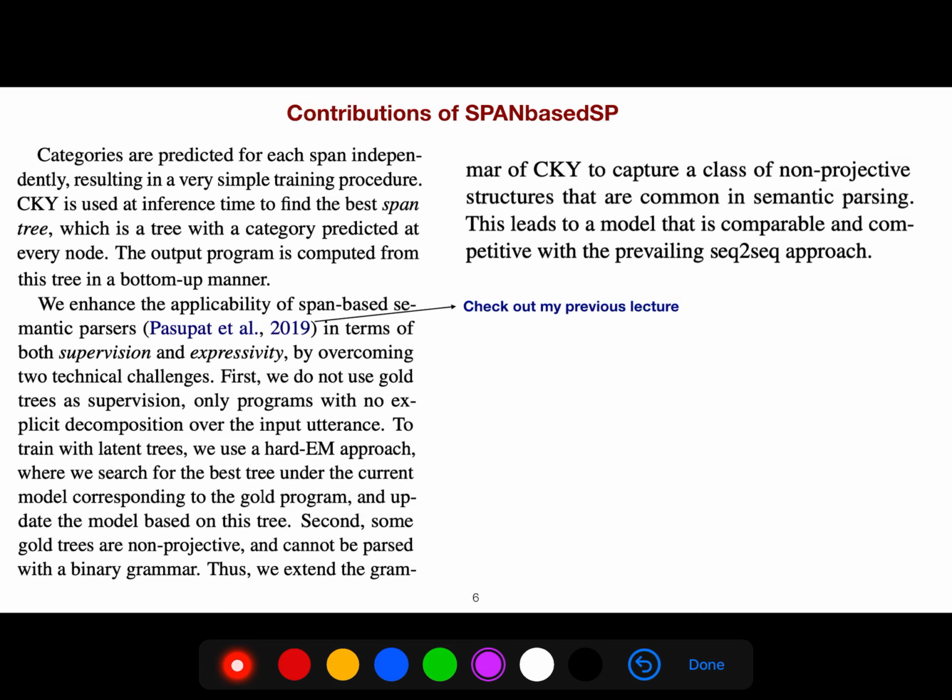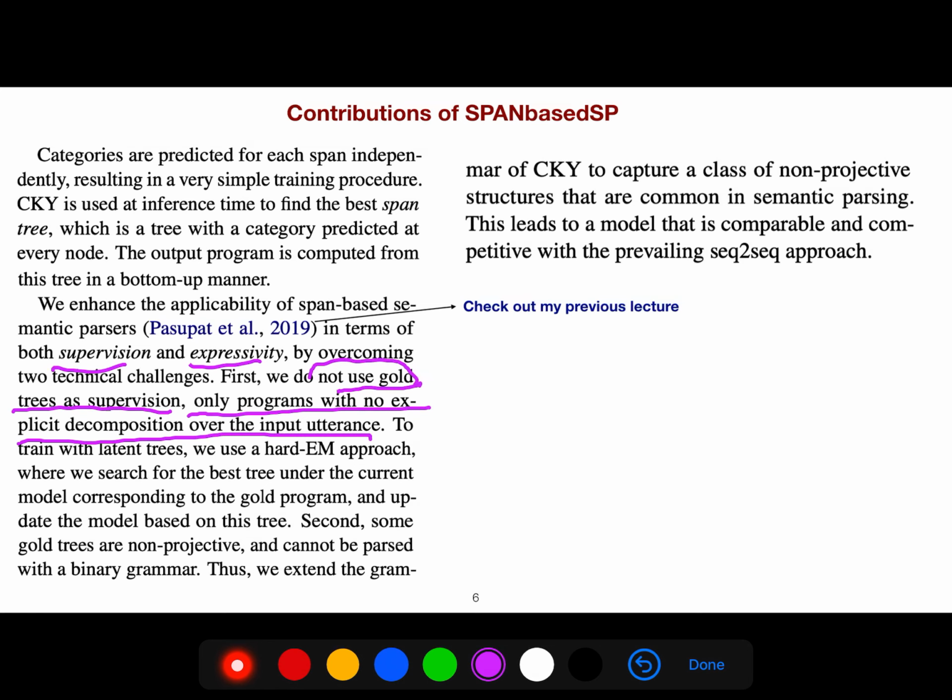The contribution is that we enhance the applicability of span-based semantic parsers in both supervision and expressivity. We do not use gold trees as supervision, only programs, with no explicit decomposition.